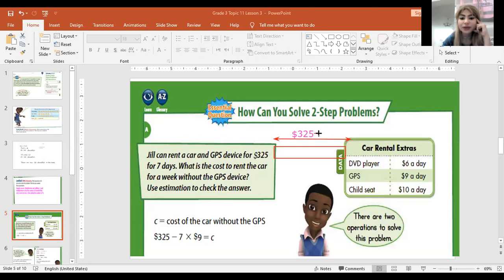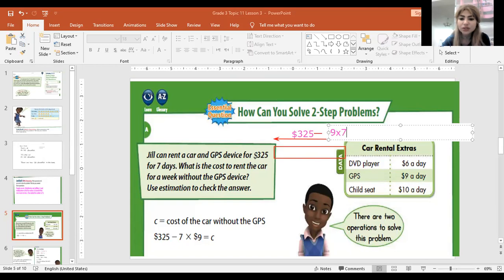How much will I subtract? The cost of the GPS. Is it $9 a week or a day? No, $9 a day. How many days does he want? A week. So it is 9 multiplied by 7 days.